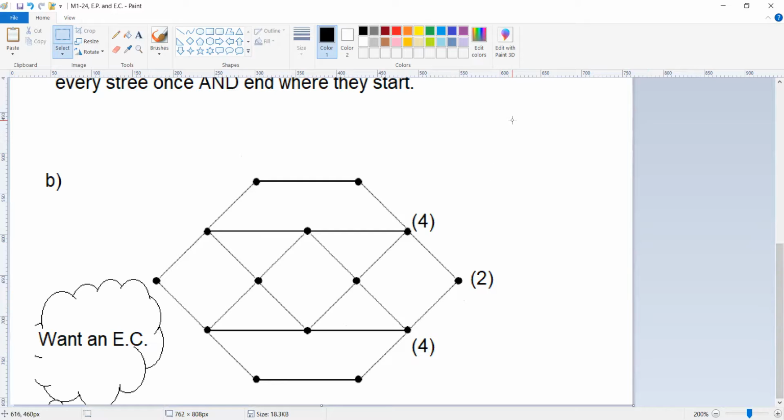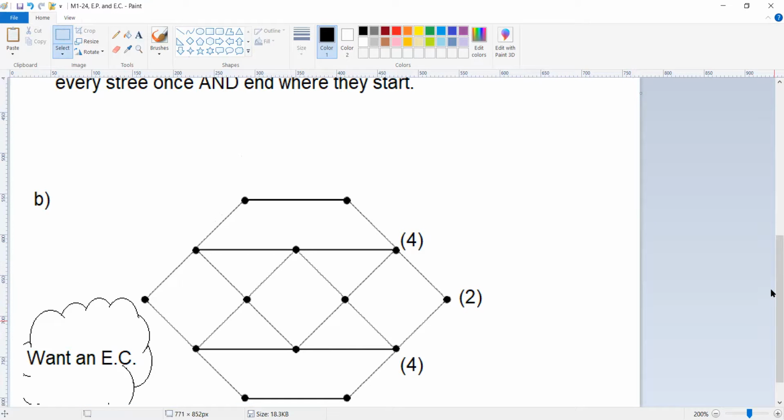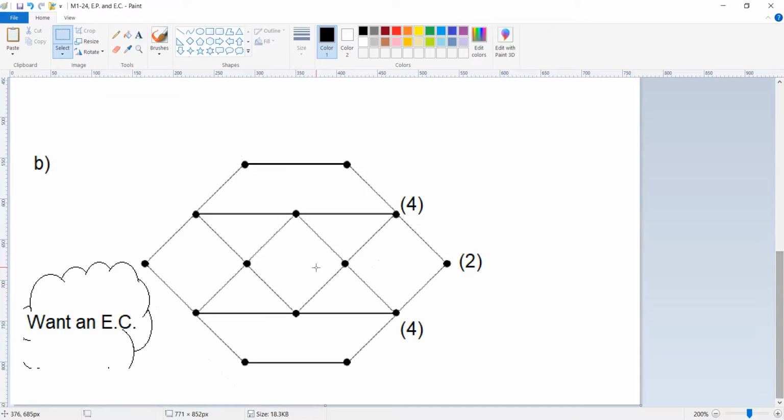Just want to focus on the graph. Thanks for being patient. Moving on to degree 2.